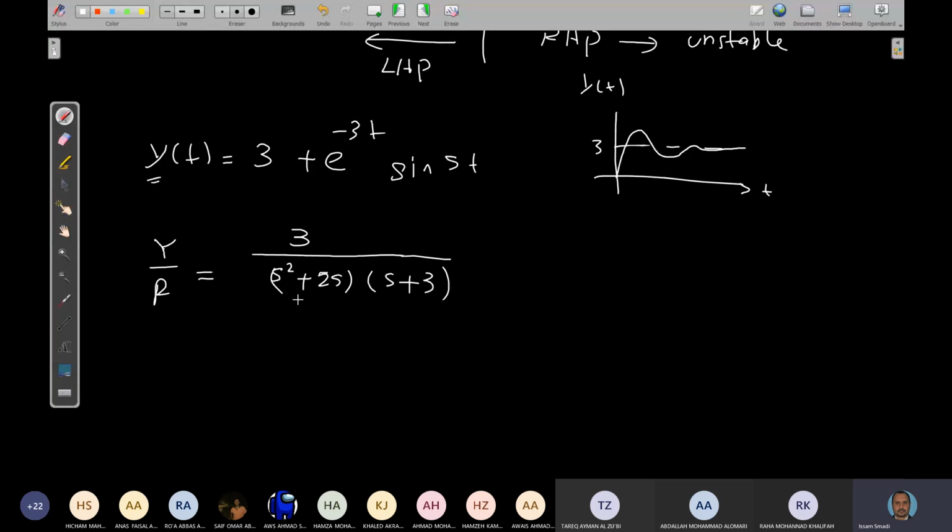Or let's make it more convenient. Let's make it s square plus 4s plus, let's say, 13, since 2 squared is 4 and 3 squared is 9.